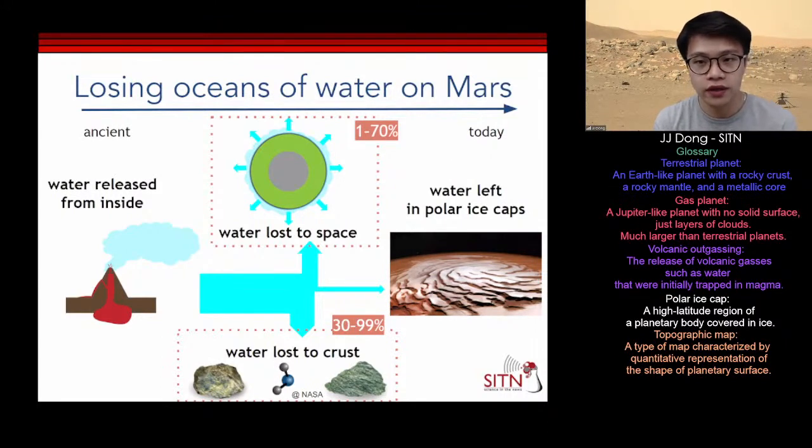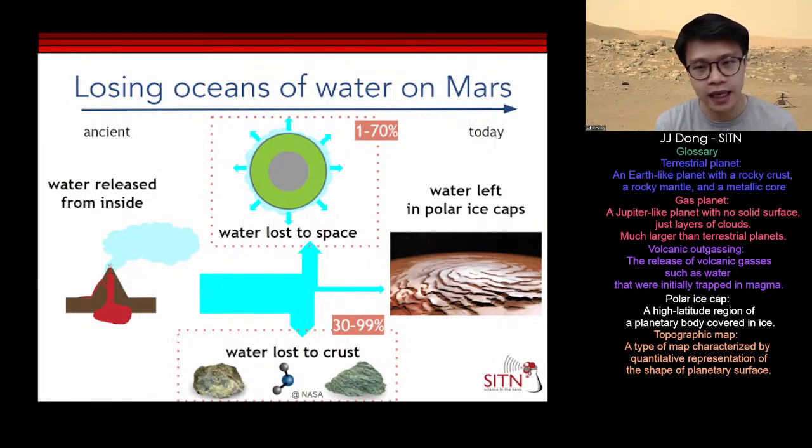The majority of the surface water on Mars was lost to space or to the crust. The remainder of that water now becomes ice caps in the polar areas of the Martian surface. This is the short version of how Mars got its water in the first place and then lost its water throughout its planetary evolution.